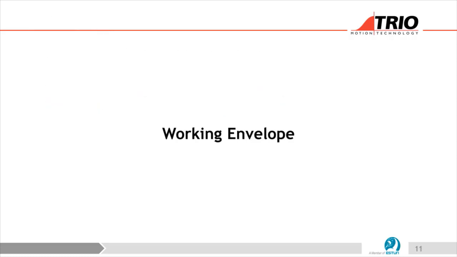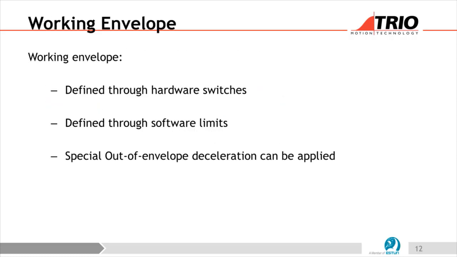Alright, working envelope. In some machines you must have your limits, whether in forward or reverse. So working envelope is basically setting the limits of your machine. You can do this through hardware switches or software limits, or you can set a special out of envelope declaration.